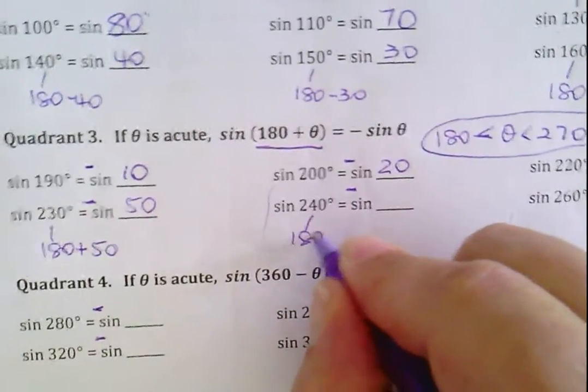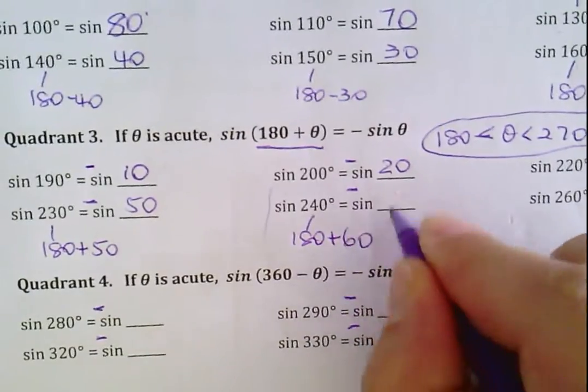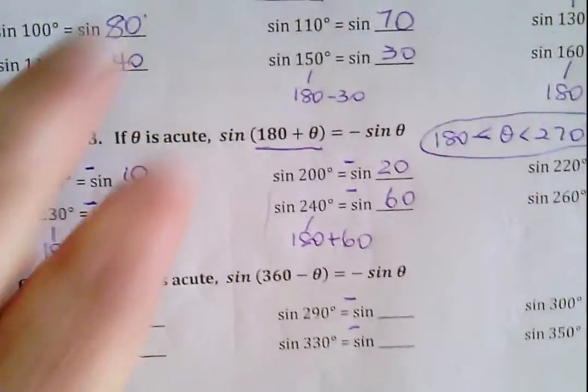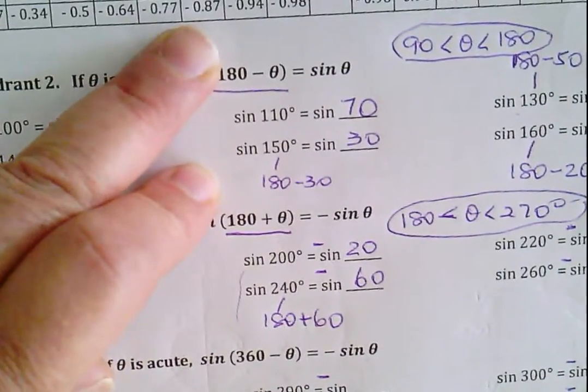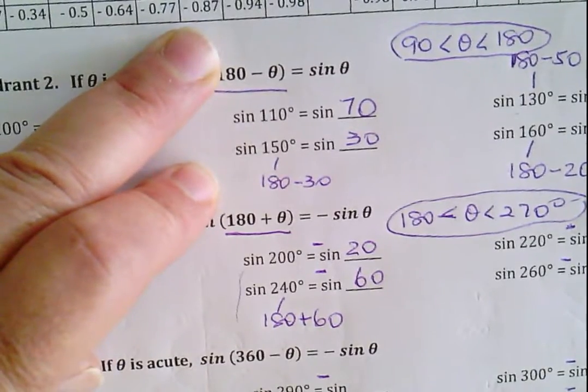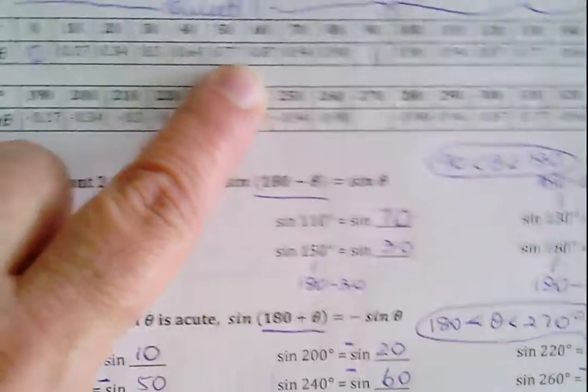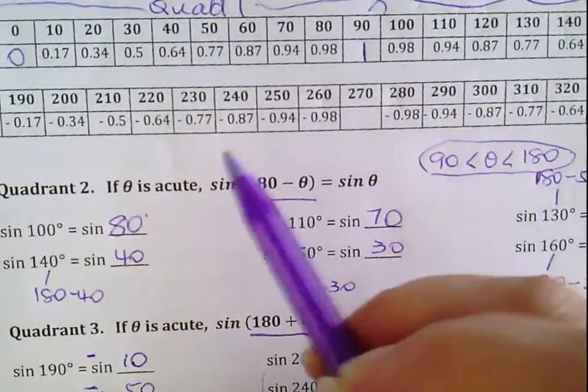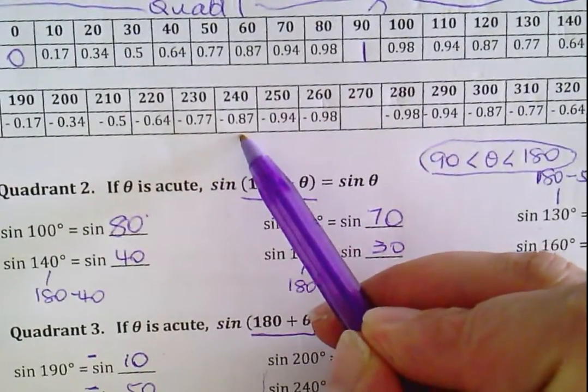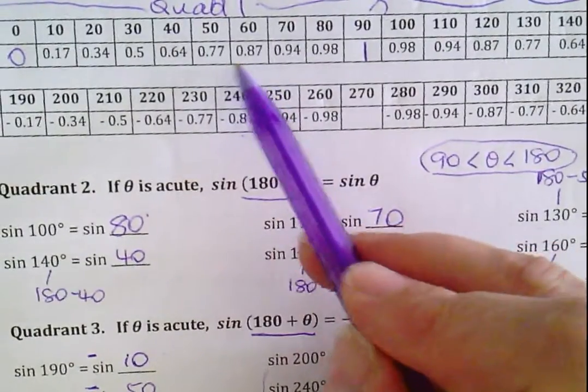240 is 180 plus 60, so it's negative sine 60. Look at your table of values. Sine of 240 is negative 0.87. That is the same as negative whatever sine 60 was. See? Sine of 240 is negative 0.87. It's the same as negative of sine 60.